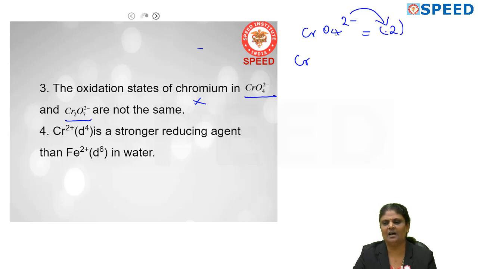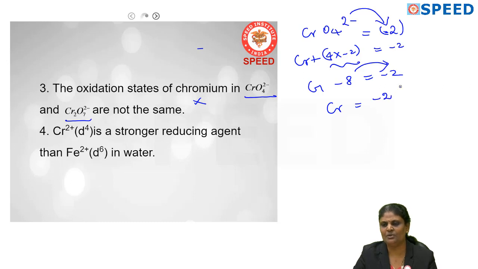Cr plus 4 into -2 is -8, so Cr - 8 is equal to -2. So you carry over: Cr is -2 plus 8, so I have to reduce this -2 from this 8.